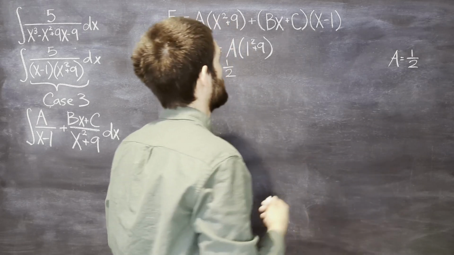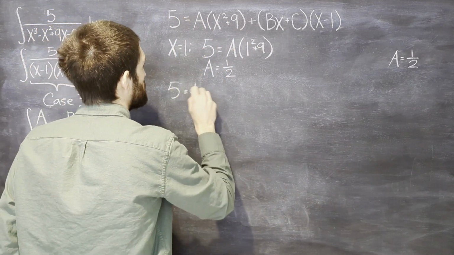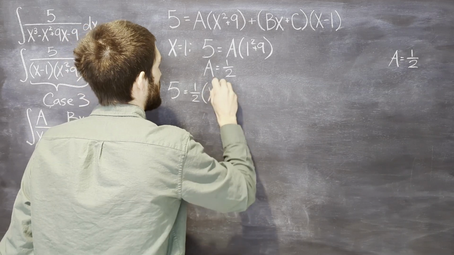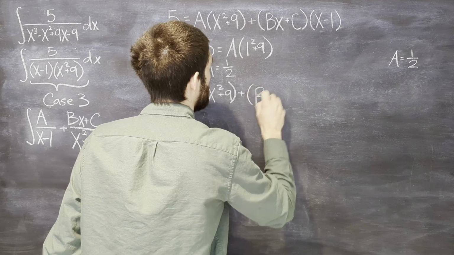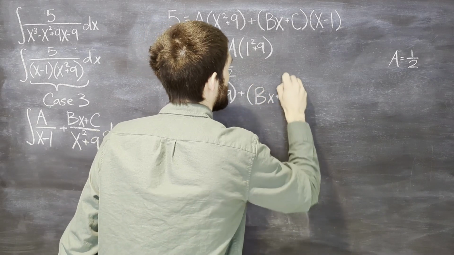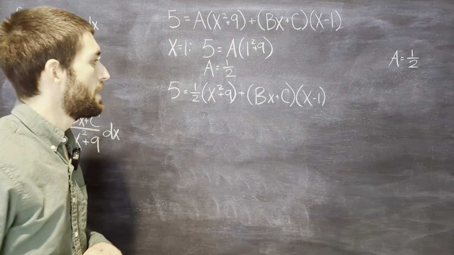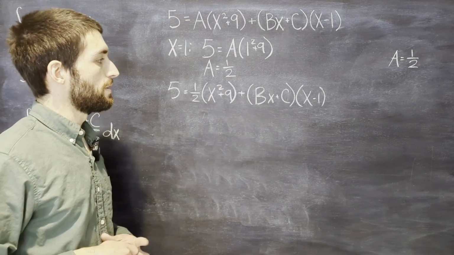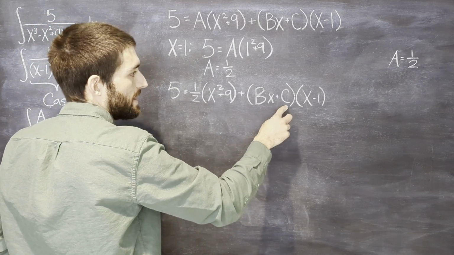We can substitute this back into our equation, giving us 5 equals 1/2 times x squared plus 9 plus bx plus c times x minus 1. Now we just have b and c to solve for. We'll notice that b is being multiplied by x and c isn't.